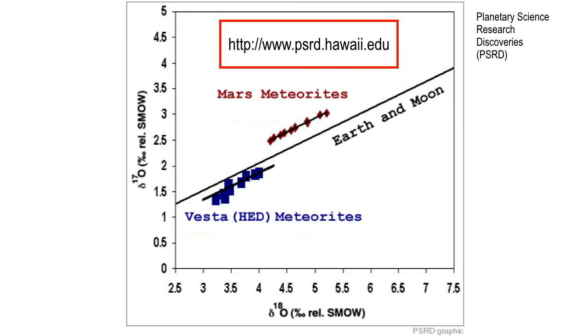Now, one of the things you might notice about this graph is there's nothing negatory here. It goes down to 0 on the delta 17 vertical axis, but it only goes to 2.5 on the horizontal delta 18 axis.